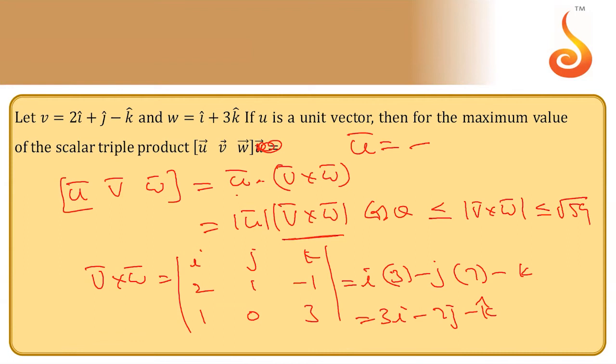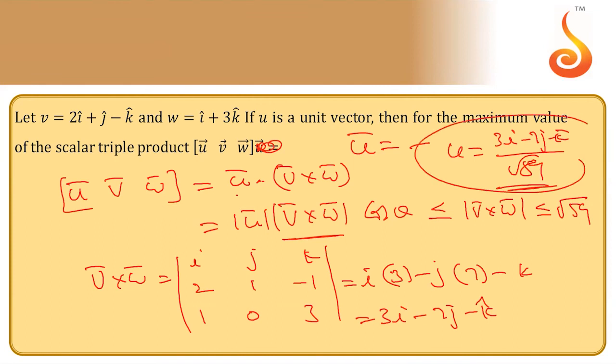They're asking what the vector U bar is. U bar is the vector divided by its magnitude, since U bar is a unit vector. Therefore, U bar equals 3i minus 7j minus k by root 59. That is the answer here.